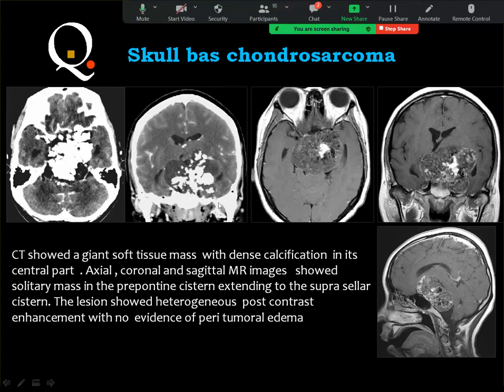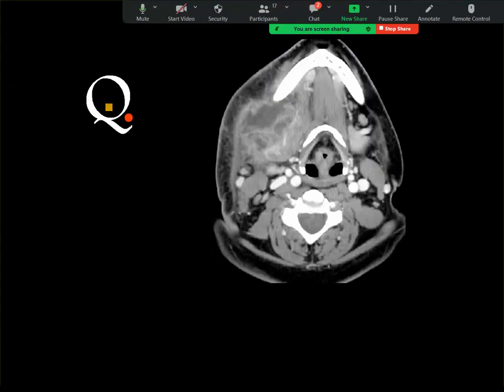Sometimes there is some overlap between chordoma and chondrosarcoma, but chordoma is a little bit inferior, in the region of the clivus, while the chondrosarcoma is a tumor of sometimes the middle cranial fossa and sometimes the posterior cranial fossa.